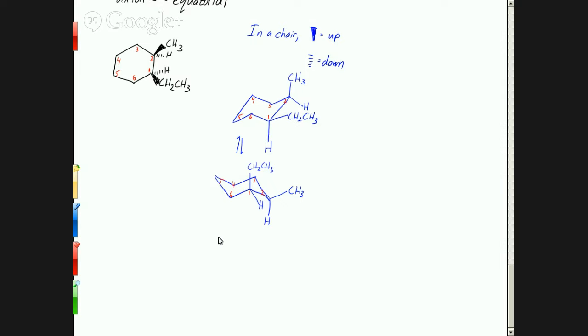So as long as you follow the rules, numbering in the same order with wedges up and dashes down, you're always going to get it right no matter how you draw your chair. You might have one or the other chair conformation, but you're always going to have a correct one.